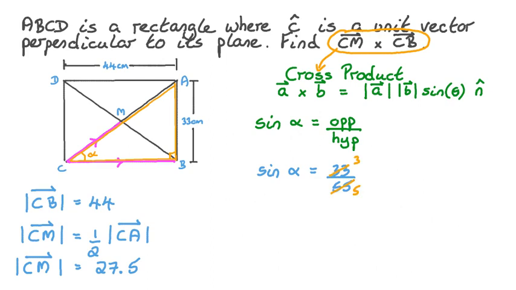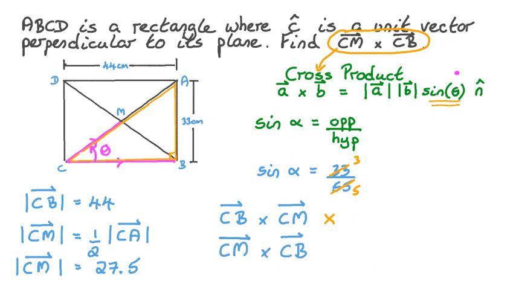By dividing the numerator and denominator by 11, this simplifies to 3/5. When dealing with a cross product, we measure the angle in a counter or anti-clockwise direction. If we wanted to calculate CB cross CM, then the angle theta would be as shown in the diagram, such that sin theta is equal to 3/5.